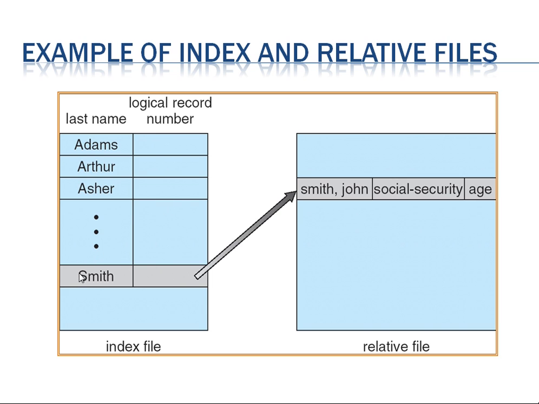Looking at this index, we can switch to the direct location where the actual record can be found. So if we look in the index file, the entry for Smith, we can see the logical record number, which takes us to the relative file location.